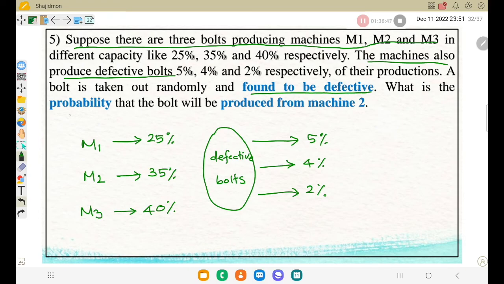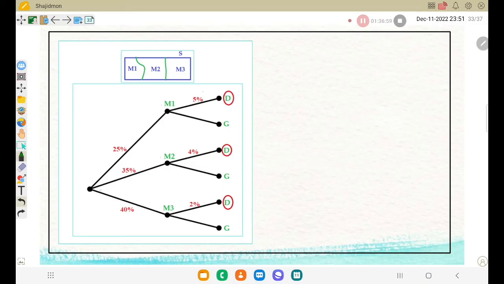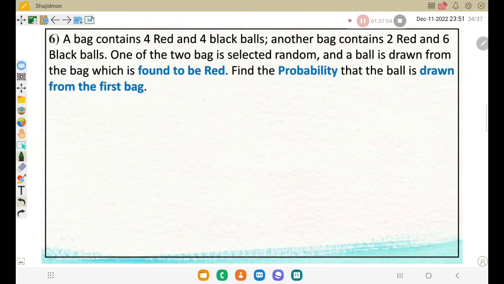Correct? What is the probability that the bolt was produced from machine 2? Machine 2 means a partition, correct? So you can see the tree diagram like this, same idea, 3 partitions. So we can do E1, first event, bolt is produced from machine 1.